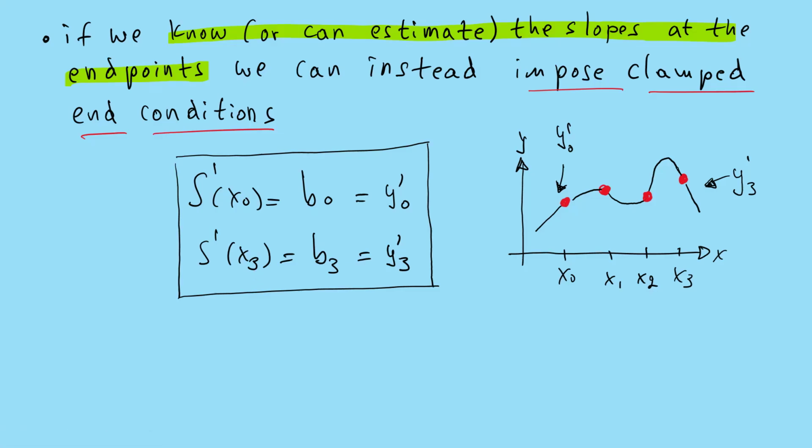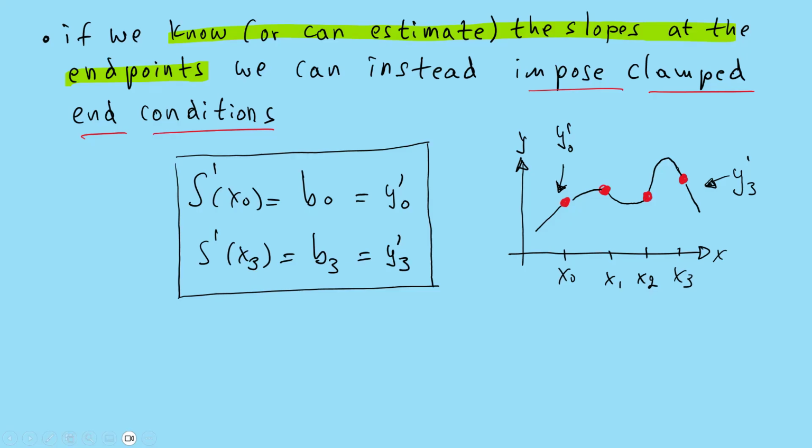So we set the derivative at x naught equal to the value defined by the user, and the derivative at x sub 3 is equal to the known slope at the last point.